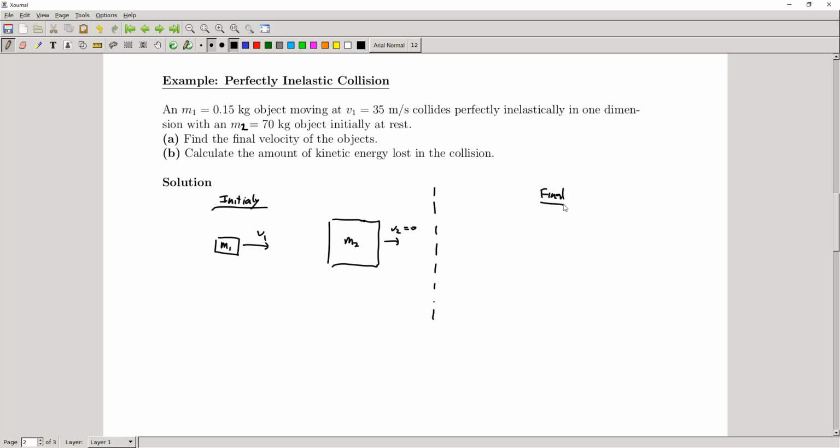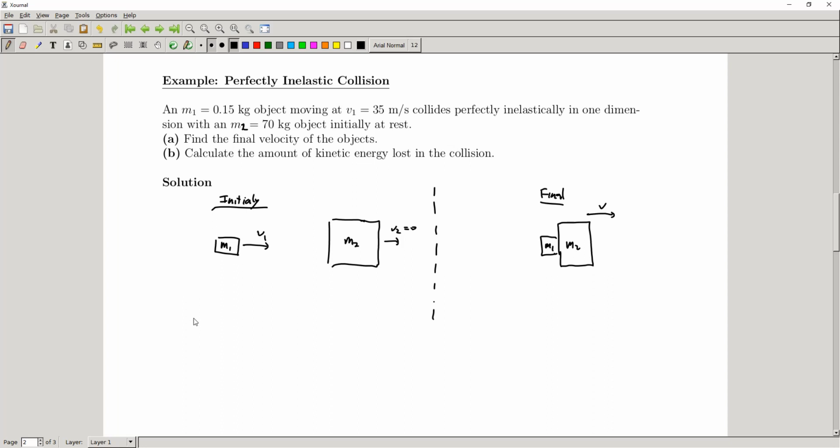Well, we know this is a perfectly inelastic collision, so the two of these are going to stick together after the collision. So we'll have M2 here, and M1 will be stuck to it afterward. And since our only momentum originally was a little bit of momentum to the right here, we're expecting that this thing is going to move off to the right with some velocity, probably a much smaller velocity than the initial one because our M2 started off stationary, right?